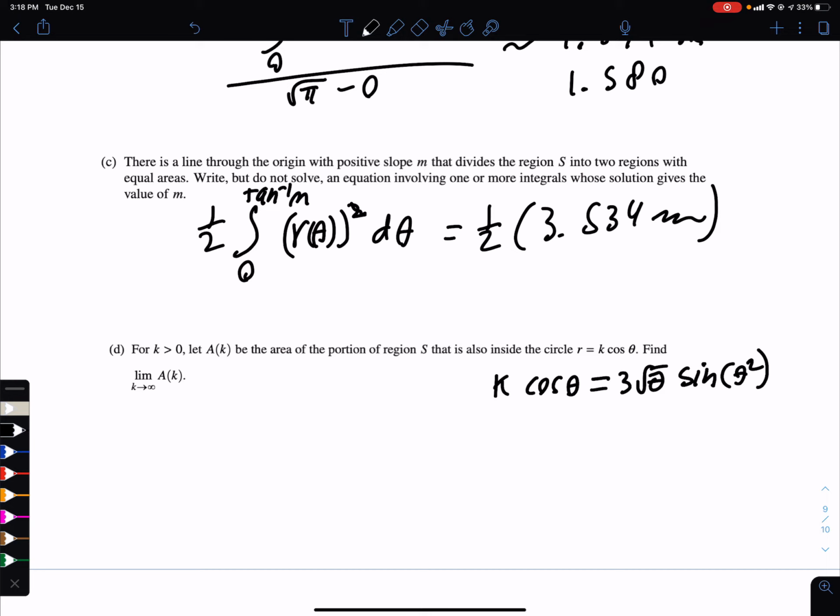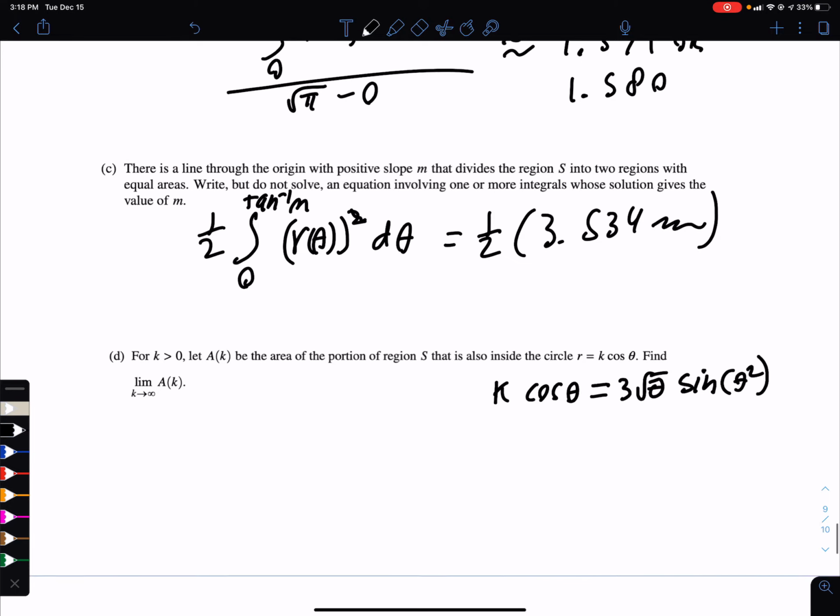So that's the point. If I could find that theta, which I am not sure how I'm going to do, that would give me that area. All right, I'm going to cheat. Let me make sure that I did this correctly.